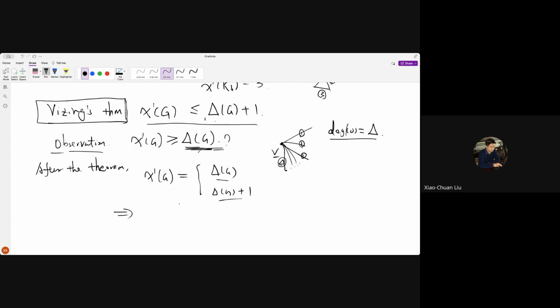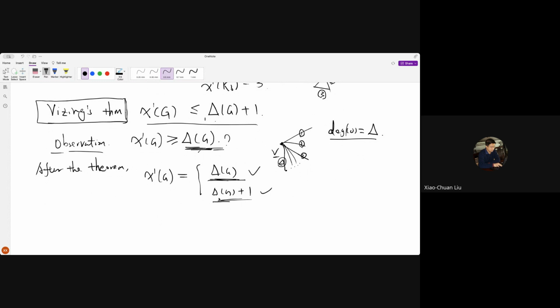There are 2 kinds of graphs: either the chromatic index equals Δ(G), or the chromatic index equals Δ(G) plus 1. As for a complete characterization of which kind of graph has which, it's unknown. It's a complicated question. There is no simple rule: given a graph, you cannot tell immediately which one is the chromatic index. But it's a very interesting situation.